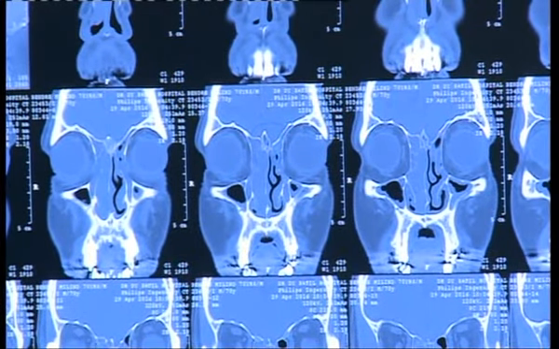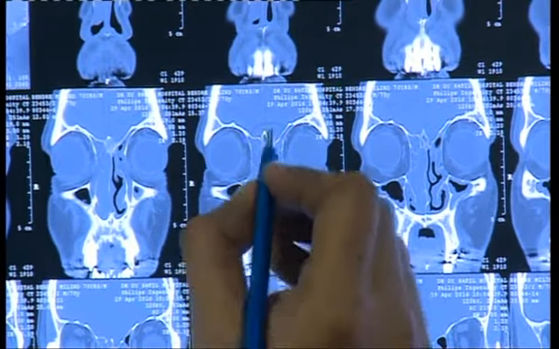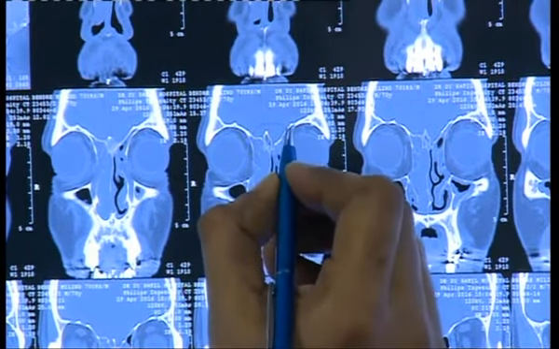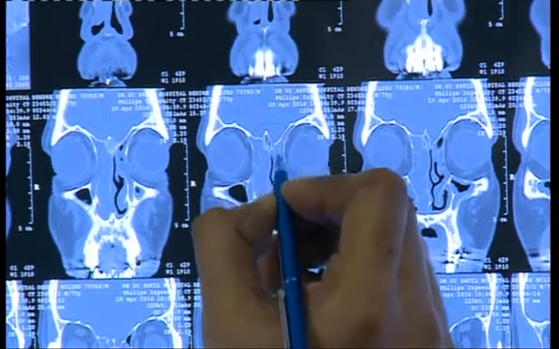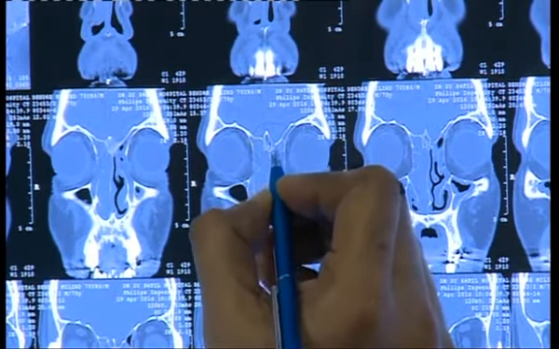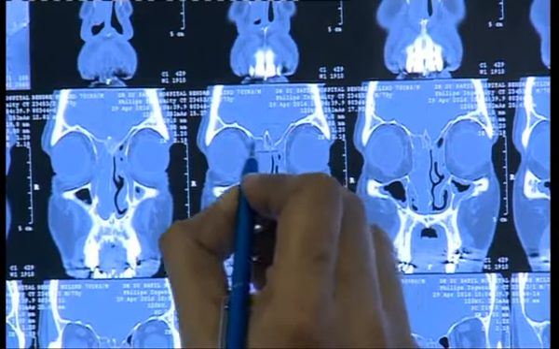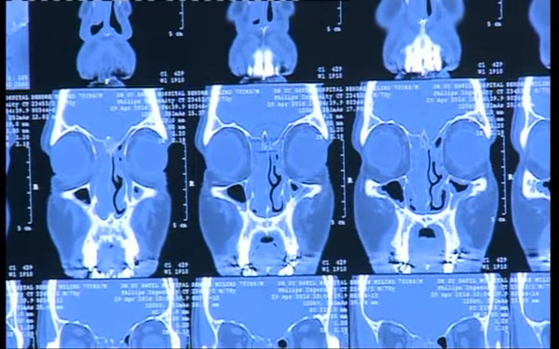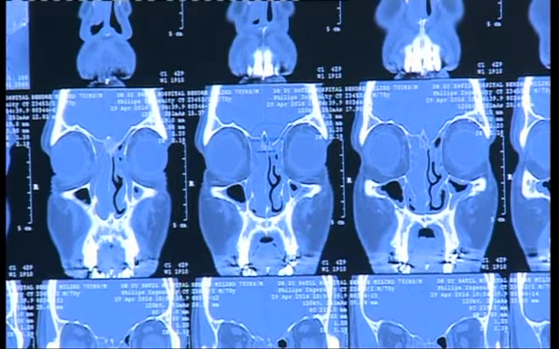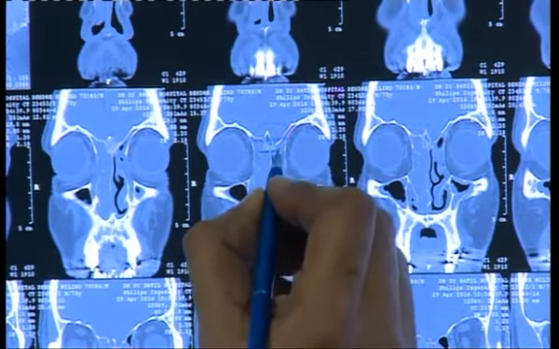So this is now the proper picture of the cribriform. What we need to see, the clinically relevant thing, is how deep the olfactory fossa is. This is the level of the ethmoidal cavity in terms of height, and this is the level of the floor of the olfactory fossa. This height of the olfactory fossa is of important clinical relevance. Reason being, you are working in the frontal recess in this patient.